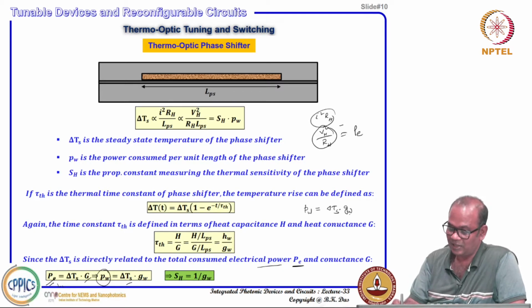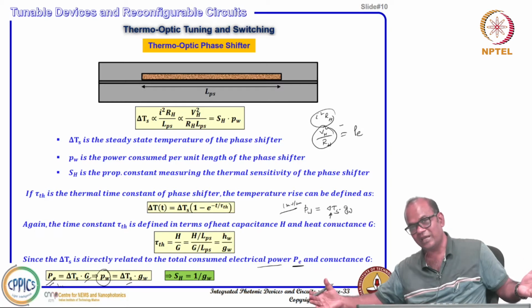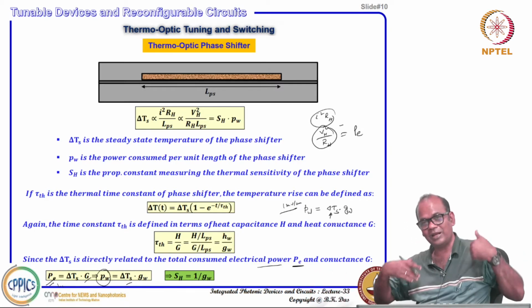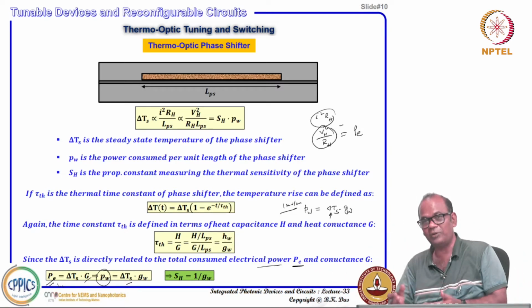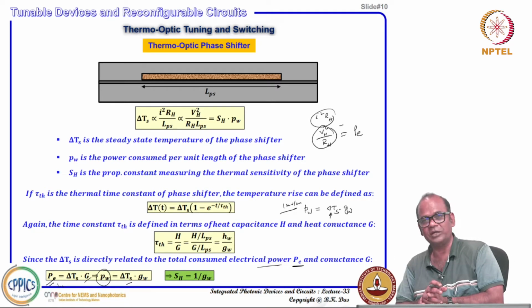So, it is clear that if I am using, say, 1 milliwatt per micrometer of waveguide phase shifter, the temperature rise will be more for that given power if GW, the conductance, is less. Clearly, if the thermal conductivity of the surrounding region is less, whatever energy you supply will be helpful to raise the temperature. That is how it is justified.